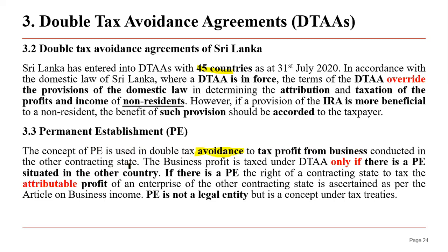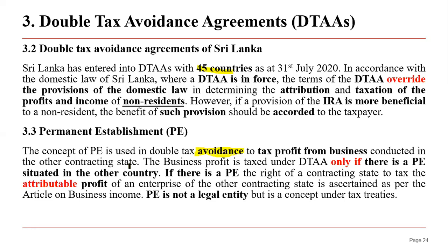It is very useful in the current context: assume a foreign party is doing a service here, then we need to see whether there is a PE or not. So that is the main principle.